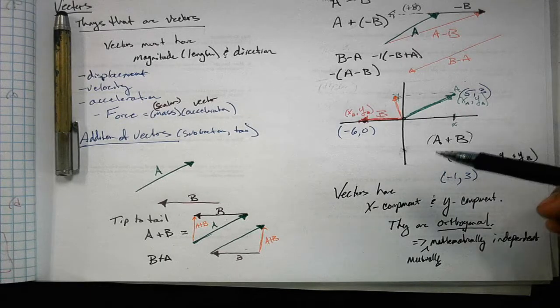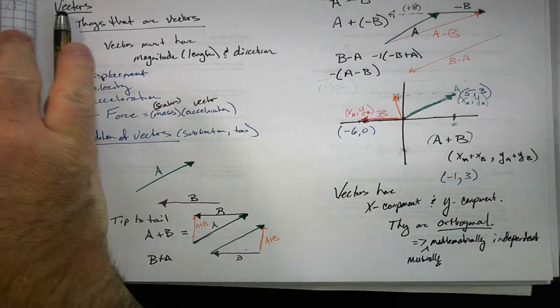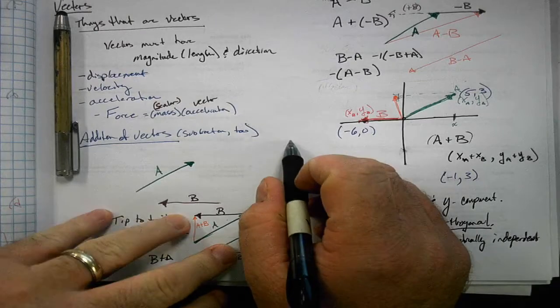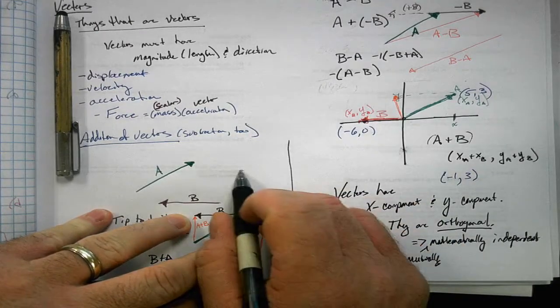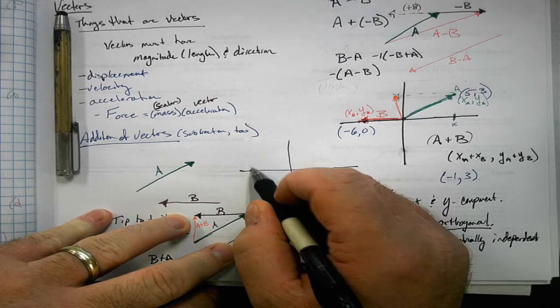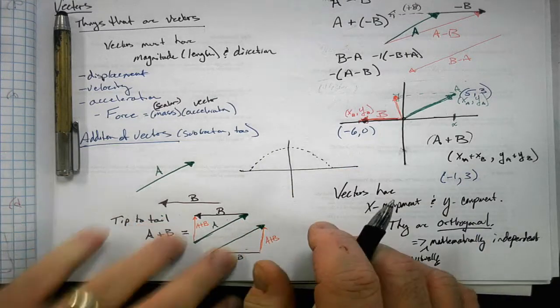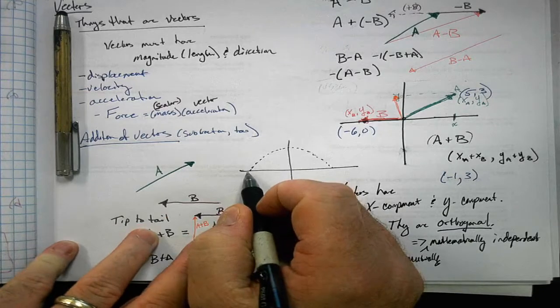Motion through the x-axis and y-axis, or if you look at the trajectory of a baseball. Okay, baseball gets hit right here.